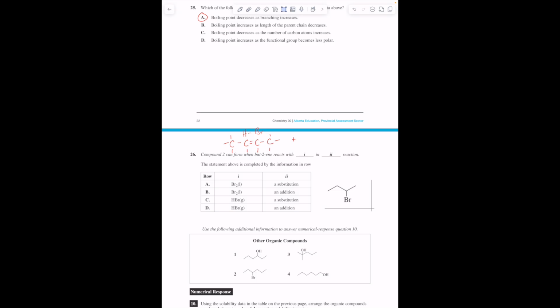And then it'll look just like this one. So my double bond snaps, disappears, this bond breaks, and then I get my bond there and there, which is that. So this is HBr in an addition reaction. Answer is D.